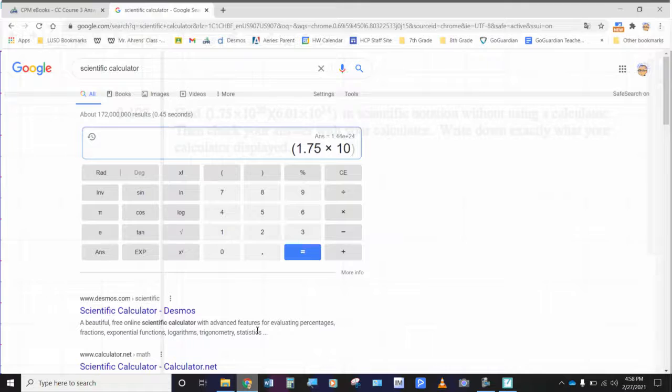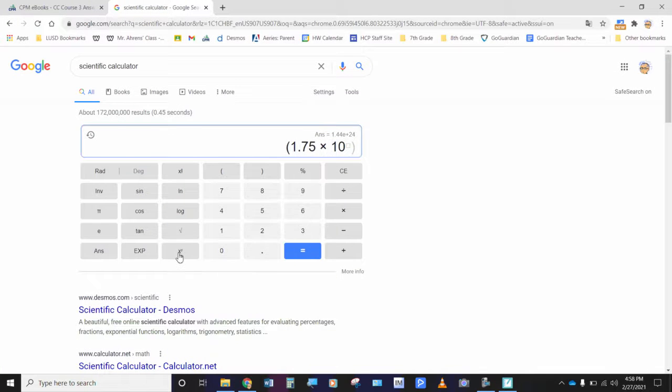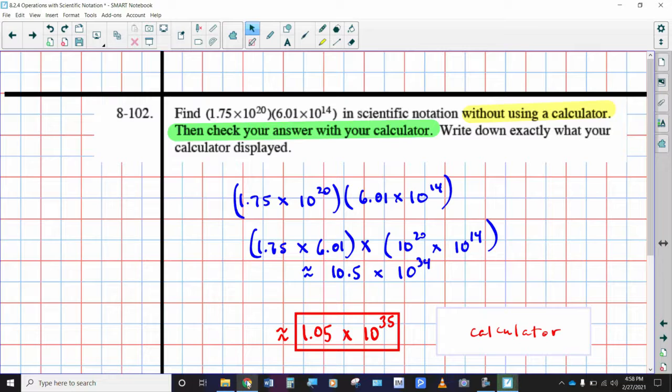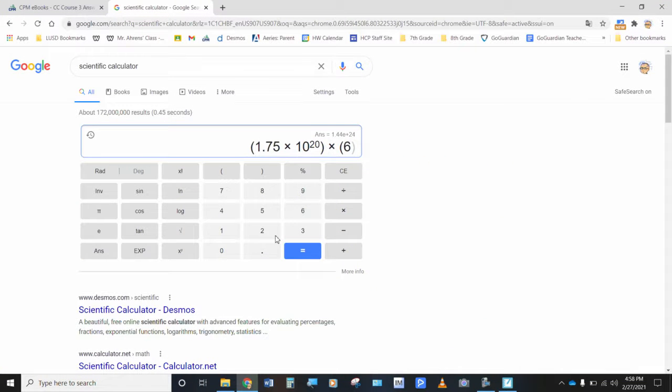To the 20th power, end parentheses, multiplied by a new scientific notation, which starts with 6.01 times 10, and this one I think was to the 14th power, right? End parentheses. Let's hit the enter button and see what we get.